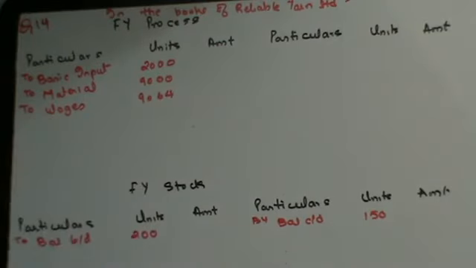Then the value of opening stock is 3880. And scrap value per kilogram is 1, which you require for normal loss. We will see that later.